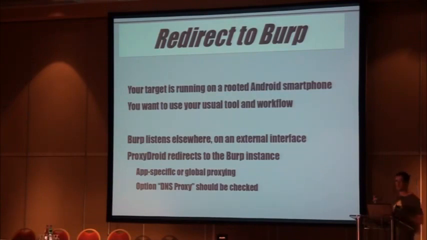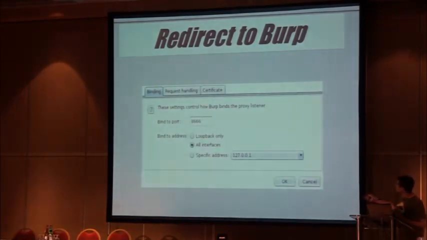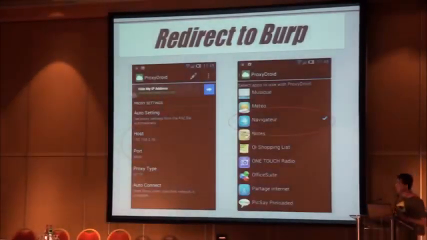And this is ProxyDroid. Sorry, it's in French, for people not reading French. So that's the browser, and you will do app-specific proxying. You will proxy the browser, and you will redirect to your remote Burp instance. The DNS option is somewhat lower, but you need to check it.